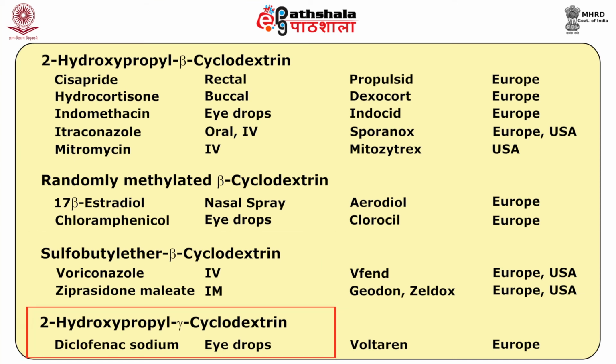We also have 2-hydroxypropyl gamma cyclodextrin. This is a derivative of gamma cyclodextrin containing 8 glucopyranose units and hence has a bigger cavity.